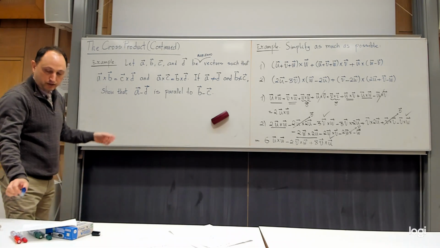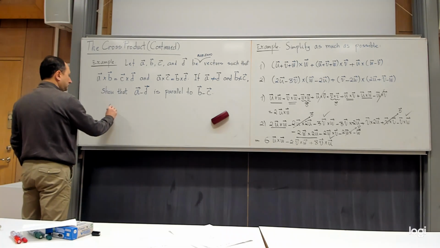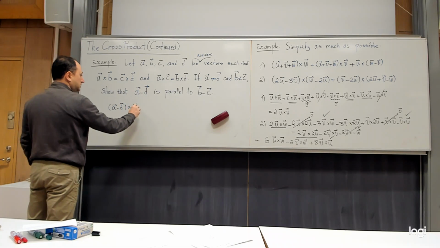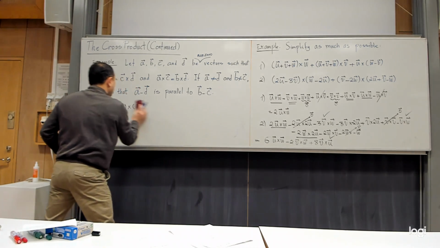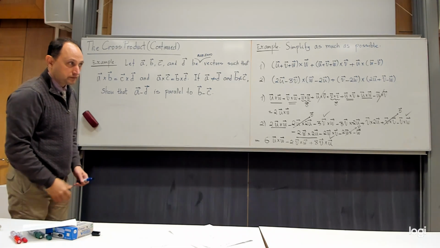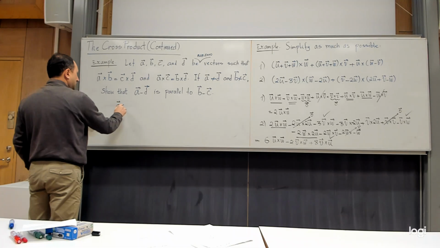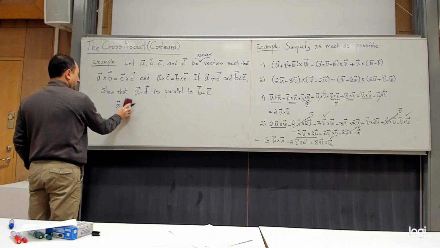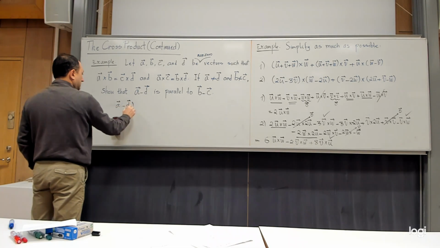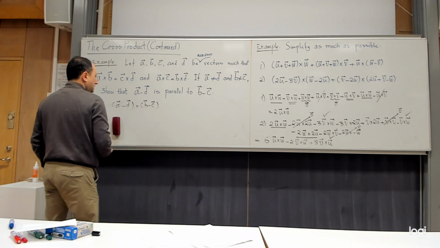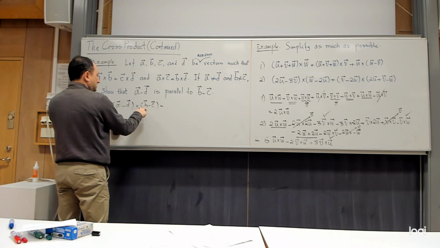So here, that is very simple algebraically. A minus D, and then you cross product it with B minus C. Then I calculate this using distributivity.